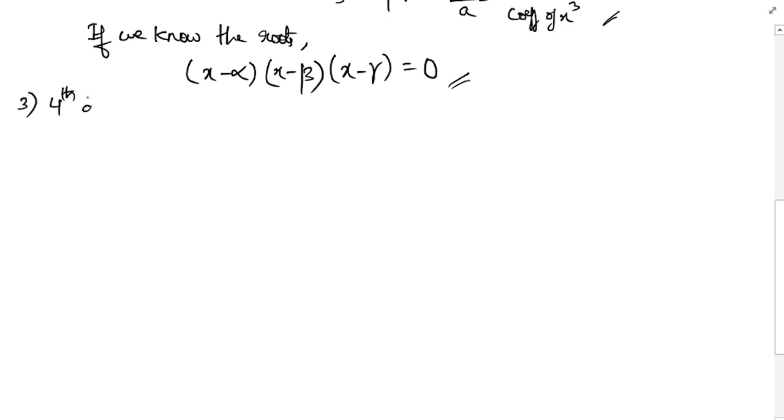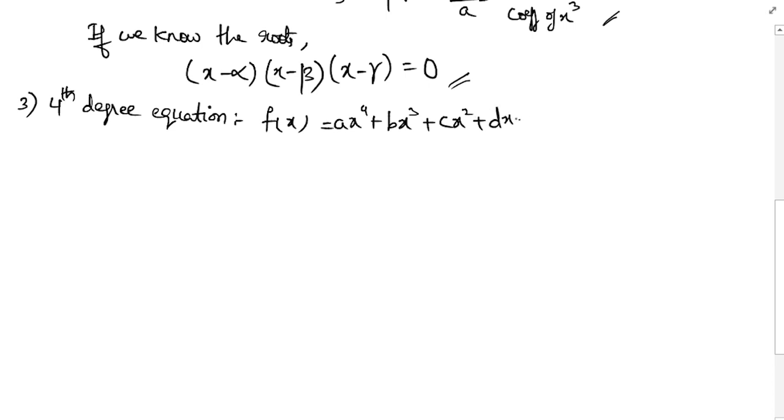fourth degree equation. So the fourth degree equation will be in the form of ax power 4 plus bx cube plus cx square plus dx plus e is equal to 0.